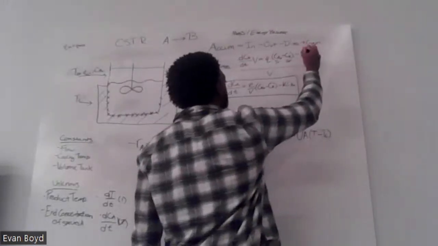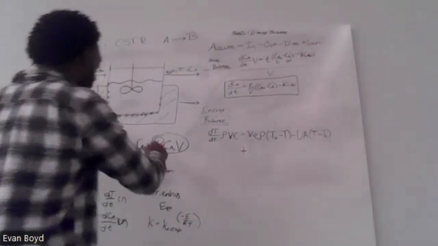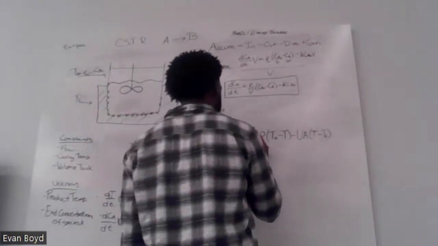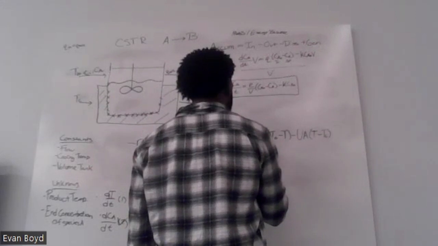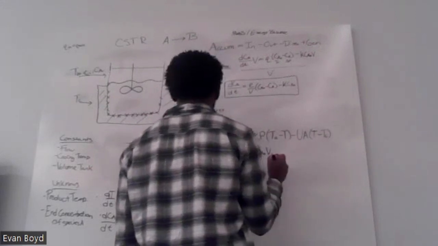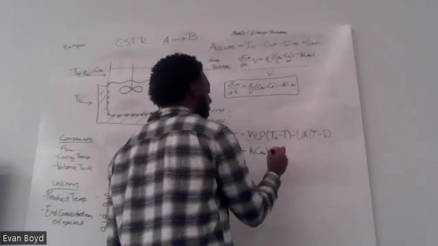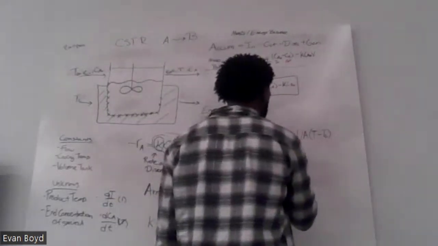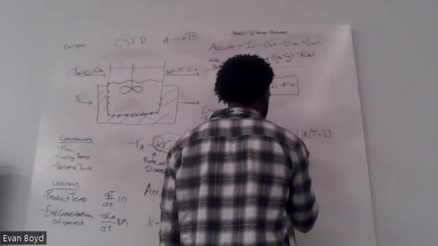We'll take this equation here again. So it'll be K times the concentration of A times the volume, with respect to the change in enthalpy.